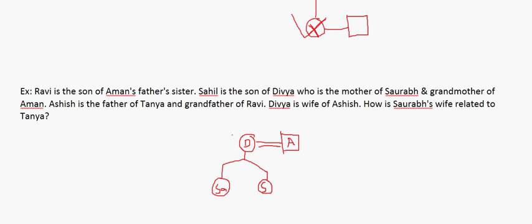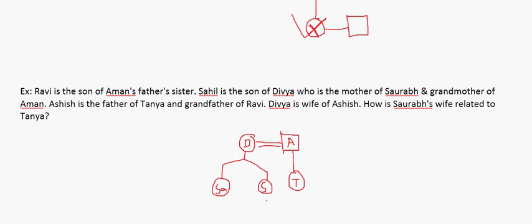And they have a daughter as well. Ashish's daughter is Tanya, right? So let's draw Tanya here, right? So now Saurabh, Sahil and Tanya are siblings.